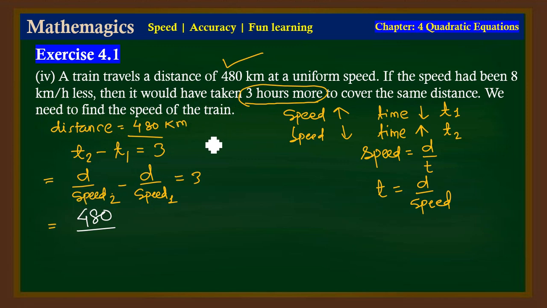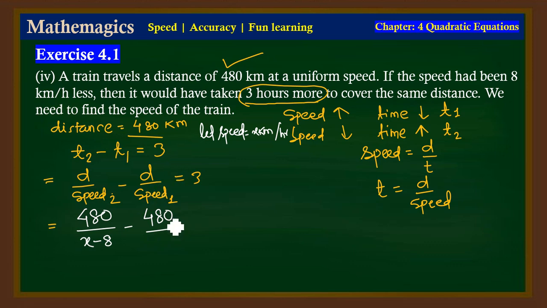So let the uniform speed be x kilometer per hour. Here the first case is saying 8 kilometer less. It means x minus 8. Minus, the distance is again 480 divided by the speed.